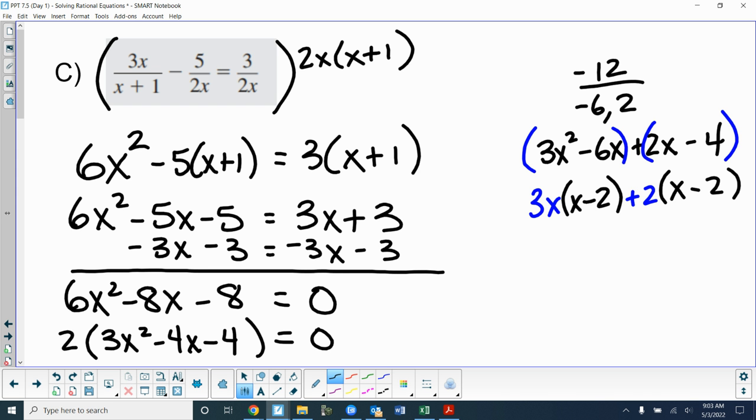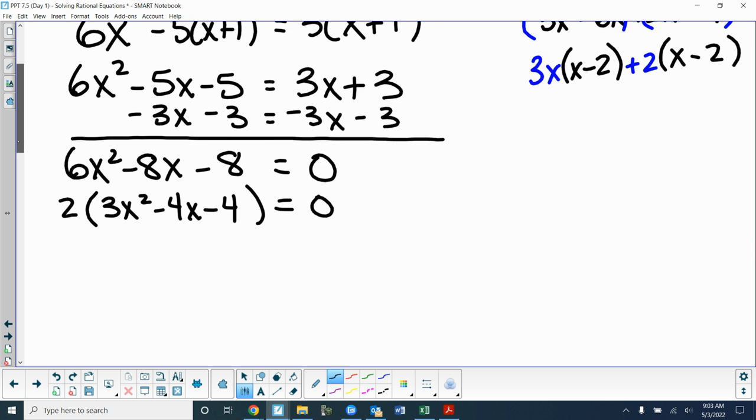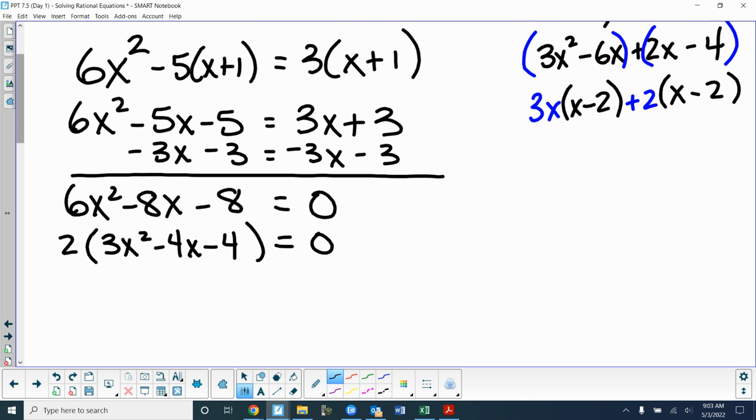Okay. So, all right, so I got this 2 still there, and I factored this trinomial into what? What's that factor now? 3x plus 2 and x minus 2.